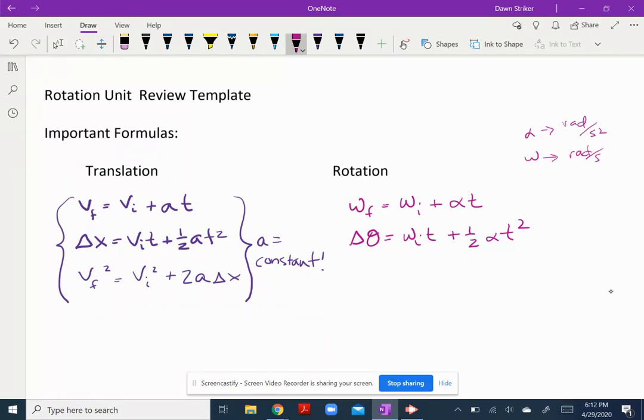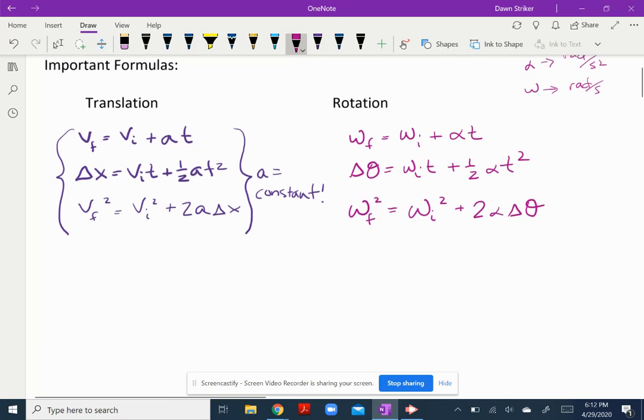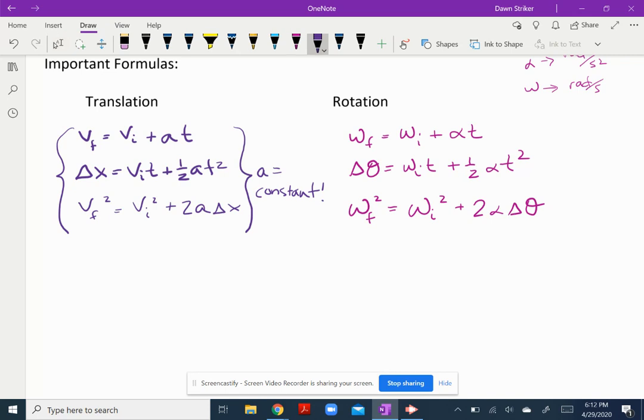And then we have a time independent equation as well. So final angular speed squared is equal to initial angular speed squared plus 2 alpha times the angular displacement theta. All right, translation and rotation. Moving on, what is the big formula in dynamics that we use to talk about something that's translating? So it's F net equals mass times acceleration.